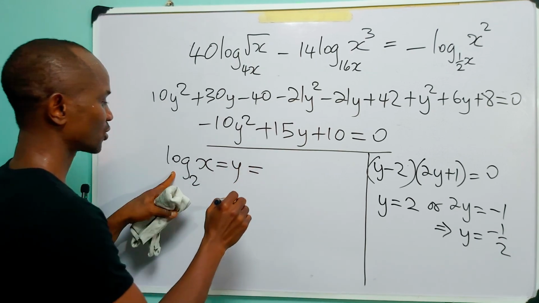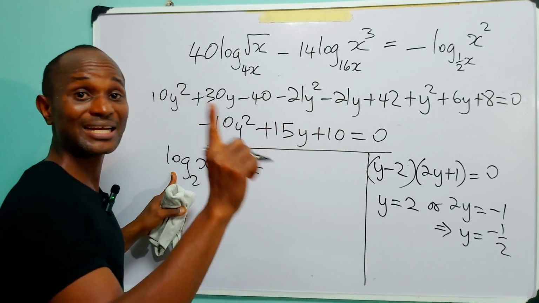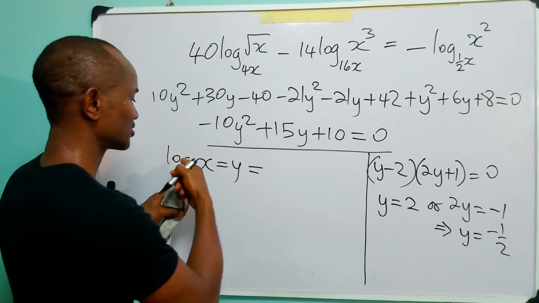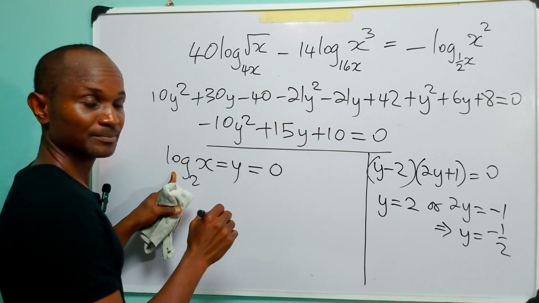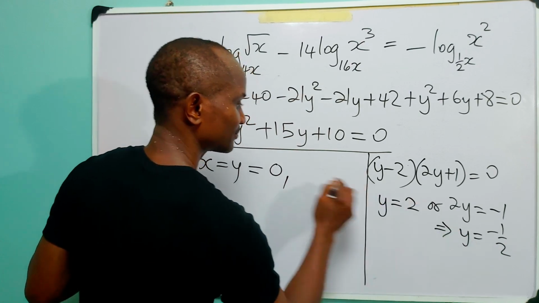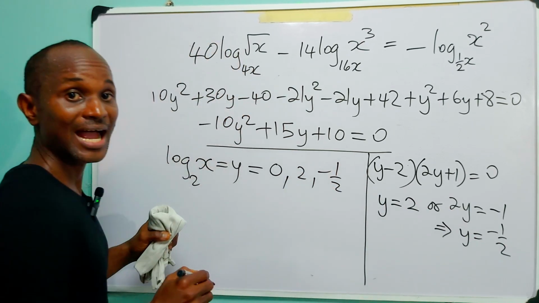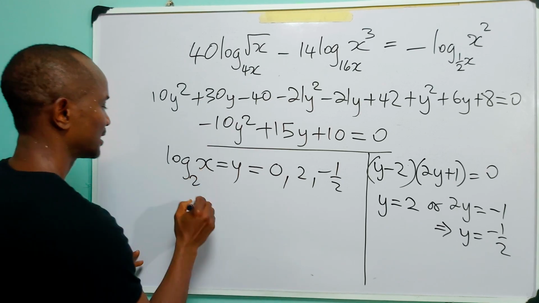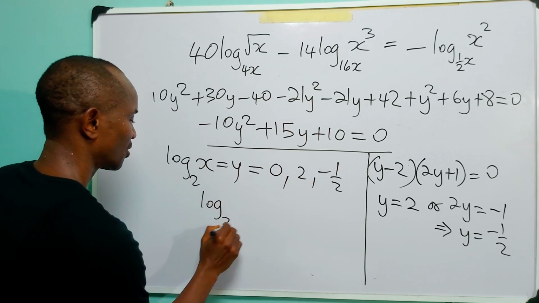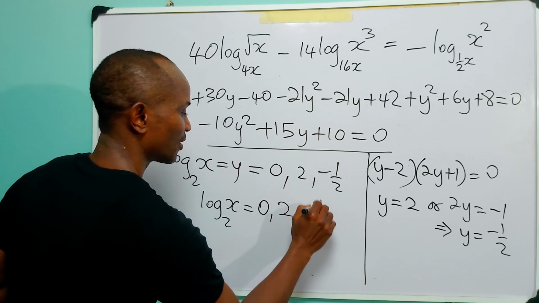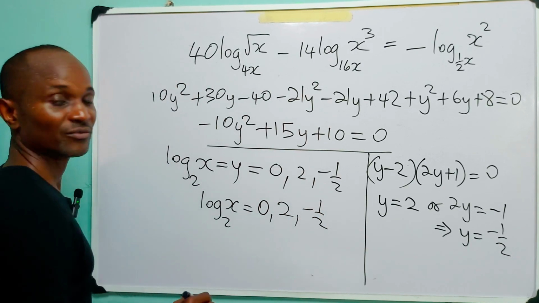So this means that log to base 2 of x is equal to, remember that we already got 0 as a root of that equation, 0, 2, or minus half.